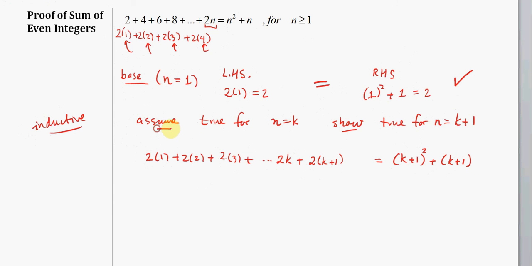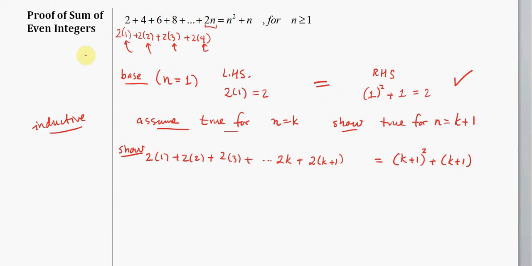So this is the assumption that we're making, that the statement is true for n equals k, and we want to show that the left-hand side, when we add all these numbers up to k plus 1, will equal the formula with k plus 1 substituted in for n. Okay?